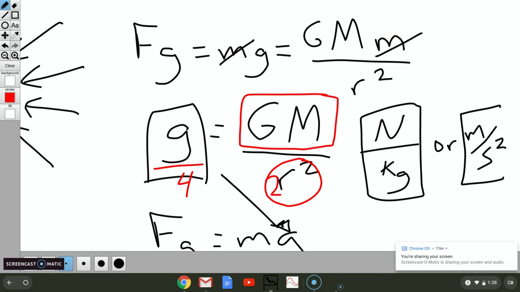And so on the back of your problems that I gave you for this unit, there's a table, and there's an object on Earth that has, I think, a weight of 24,000 newtons. On Earth, little g is 9.8. So you know the gravitational field strength is 9.8 newtons per kilogram, or meters per second squared if you're talking about acceleration.